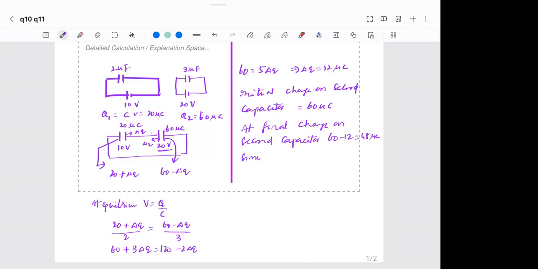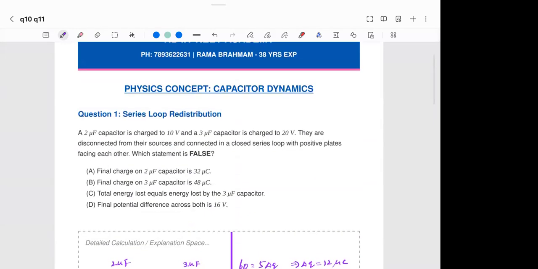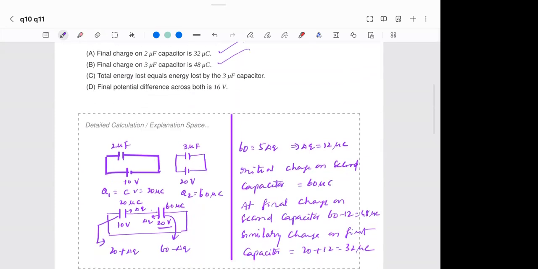Similarly, charge on the first capacitor is 20 plus 12, 32 microcoulombs. So both are correct. Now third.